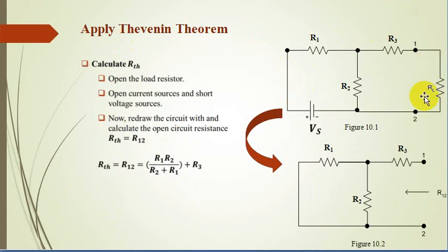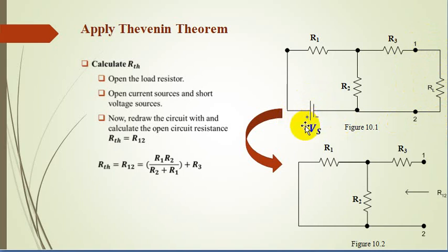The first step is to remove the load resistance. Here is the load resistance RL. We remove this load resistance, and the second important thing is to short circuit your voltage source, or, in the case of a current source, you are supposed to open circuit it.